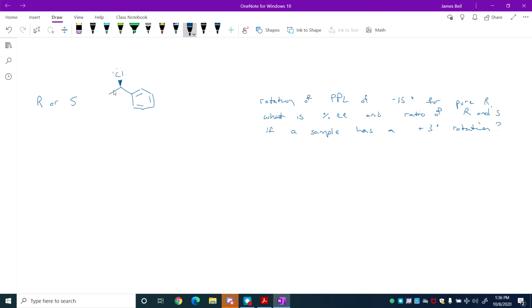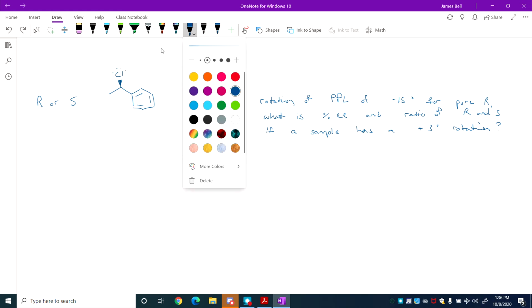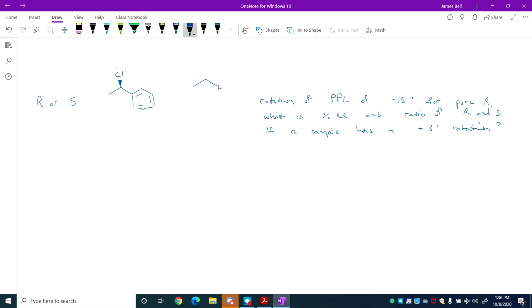One would be to draw the structure exactly the same in every way except any solid wedge in the structure would be made into a dashed wedge.